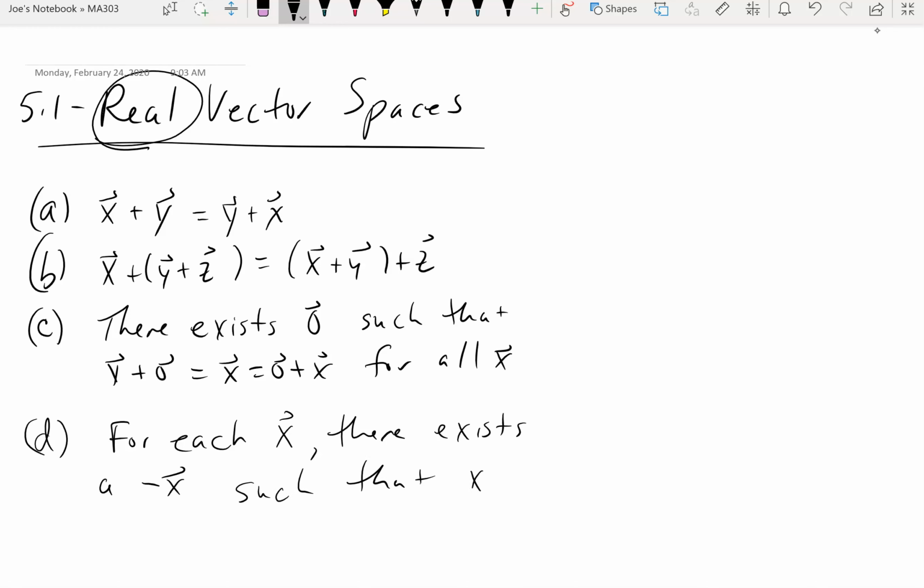When I talk about additive inverse, it's the thing that gets me back to 0, right? But again, this depends on how we've defined the operation.